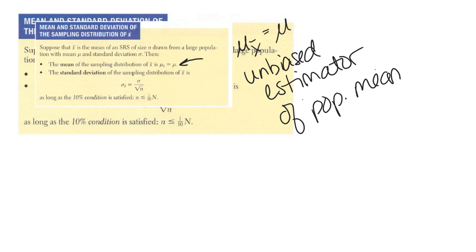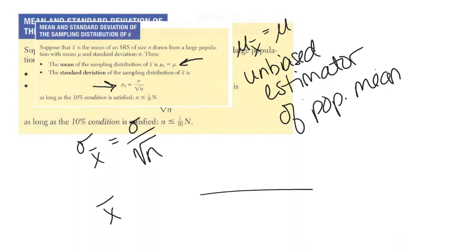The standard deviation of our sampling distribution is calculated through this formula here, which also is on your formula chart. You'll notice this formula is divided by the square root of our sample size. So as we increase our sample size, our values of X bar are going to be less spread out. Remember, standard deviation is a measurement of variability, how spread out our data is.